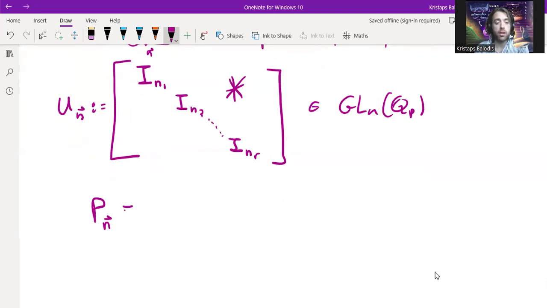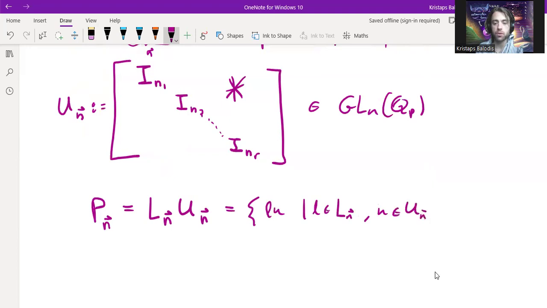So the parabolic is going to just be the product within GL_n. So this is the group generated by all things of the form LU, such that L is in here and U is in here.